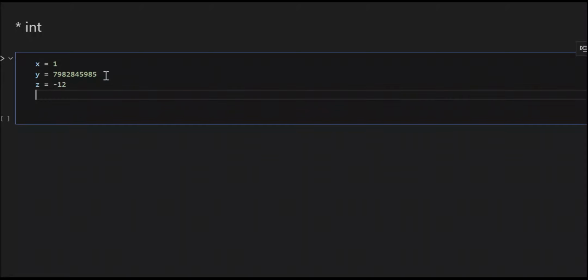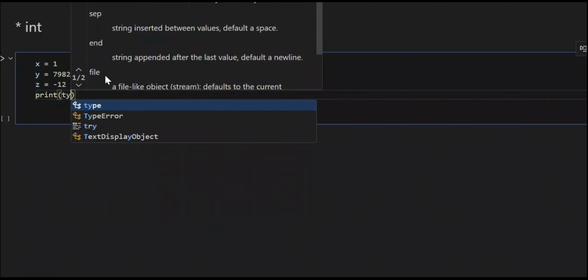Okay, now I'm printing type of these numbers.